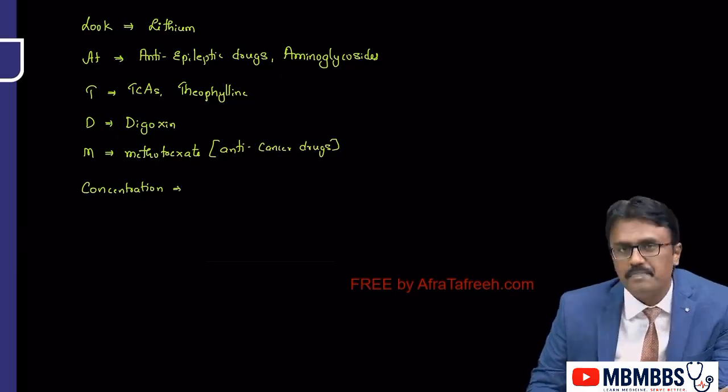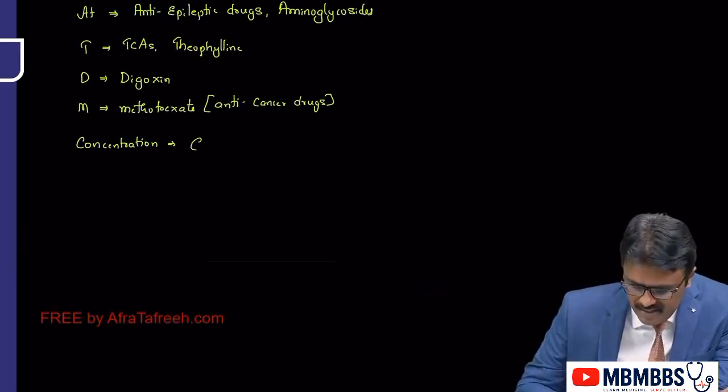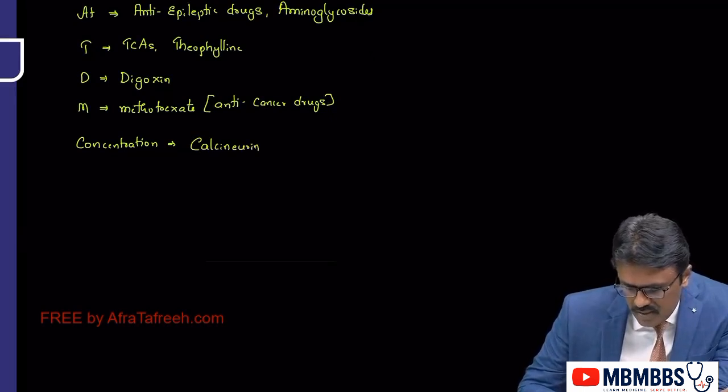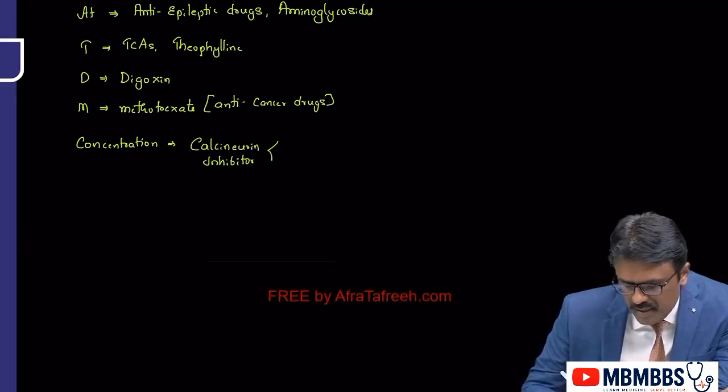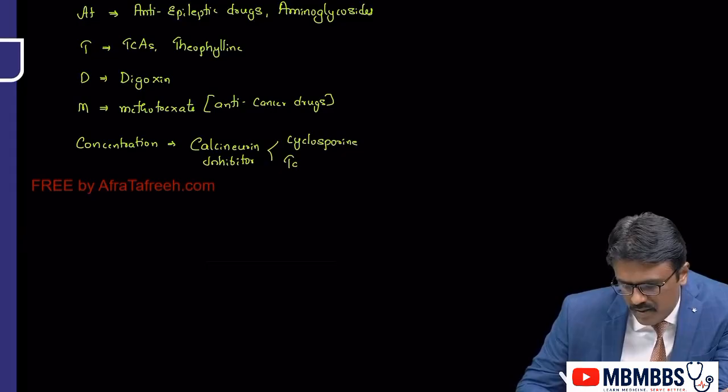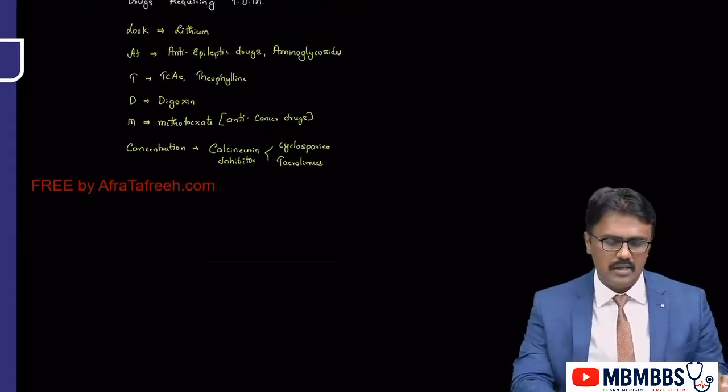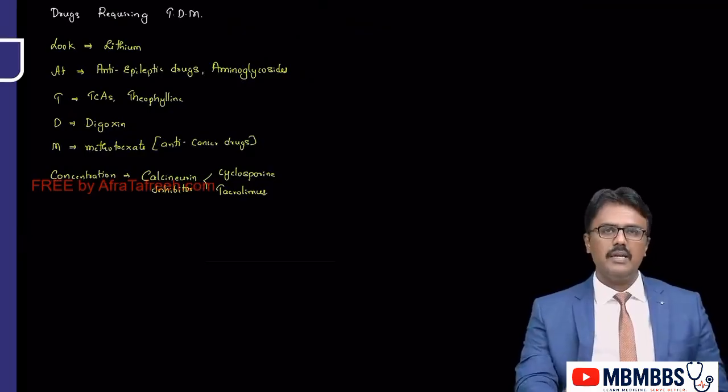And C for, yes, calcineurin inhibitors. Example is cyclosporin and tacrolimus. So these are the drugs which require mainly therapeutic drug monitoring.